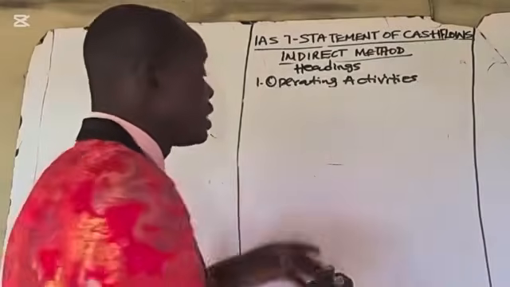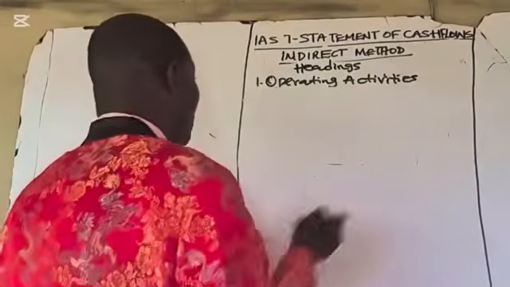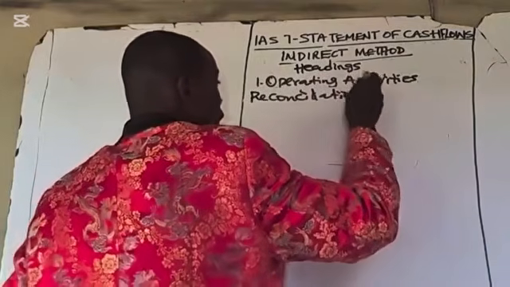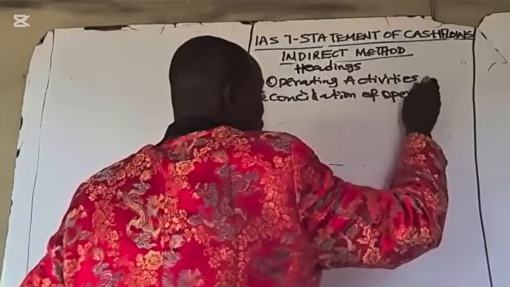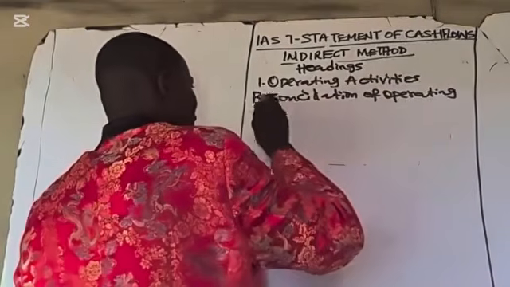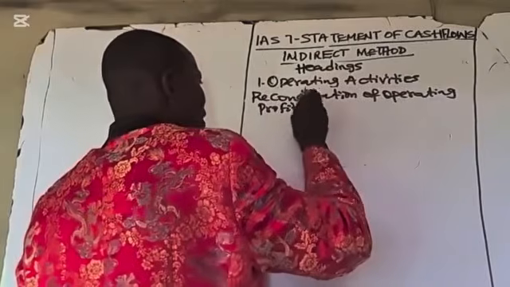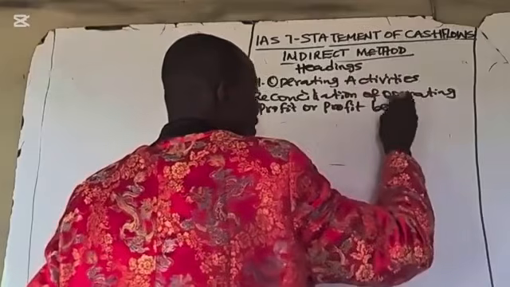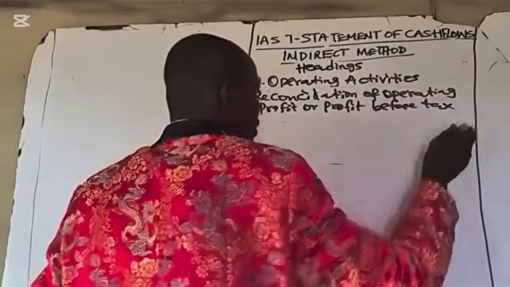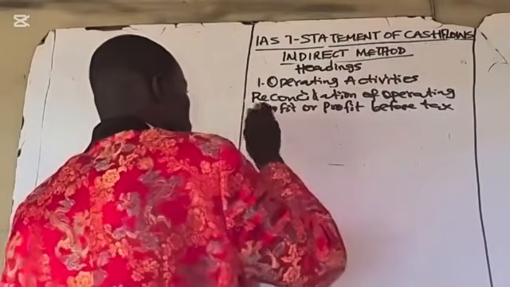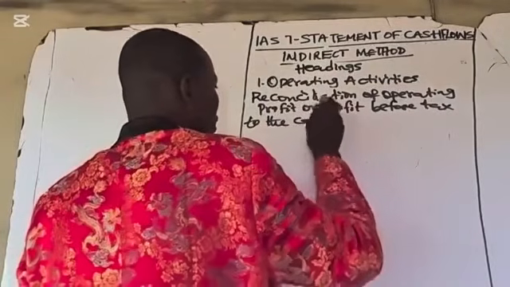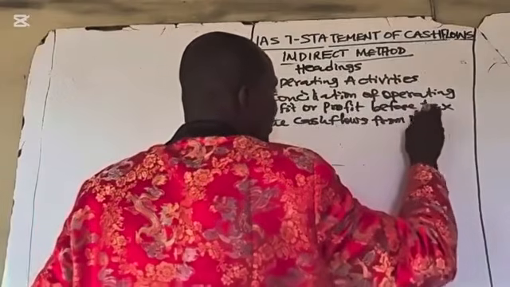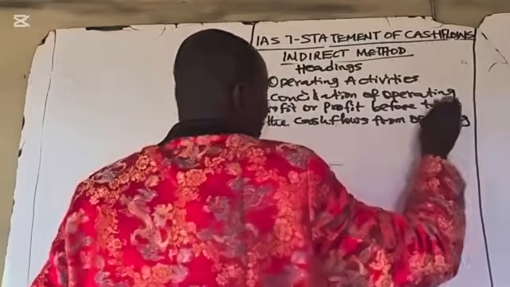So in operating activities, what we want to do is reconciliation of operating profit, or profit before tax, to the cash flows from operating activities.